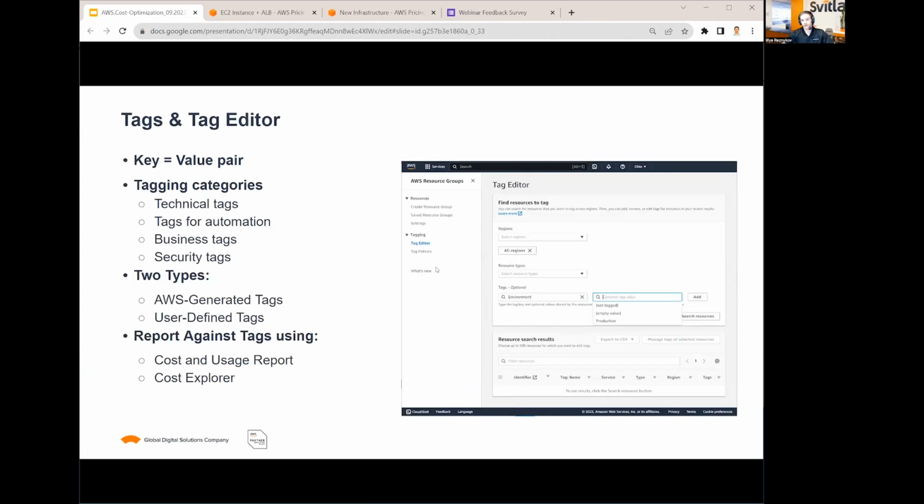Also, AWS provides a useful tool called Tag Editor, where you are able to see and select resources which have a particular value of a tag, or even are not tagged by a particular tag.